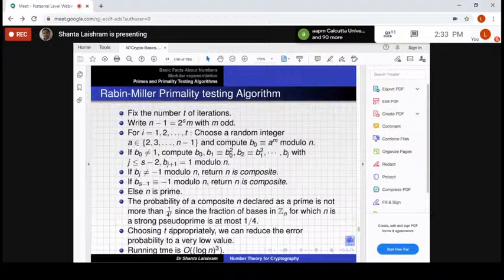By choosing t appropriately, we can reduce the error probability to a low value. One good thing about this Miller-Rabin test is that the running time is log n cubed, so it's a polynomial time algorithm. The bad part is that it's not deterministic. It can declare some composite number to be prime.